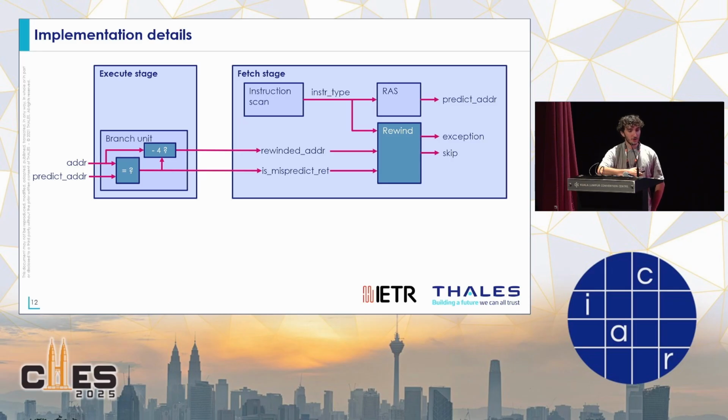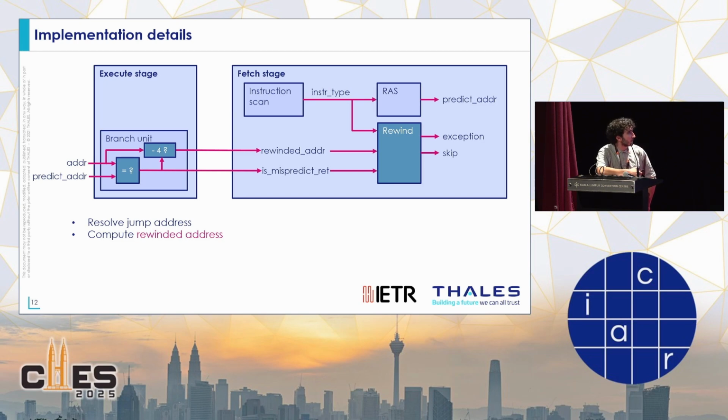So a bit of implementation details at the microarchitectural scope. The implementation of call rewinding is fairly minimal because we only need to modify the branch unit to perform the computation of the rewinded address. Here it's the stage where we resolve the jump address, so we know if we mispredicted or not, and if so, we can compute the rewinded address.